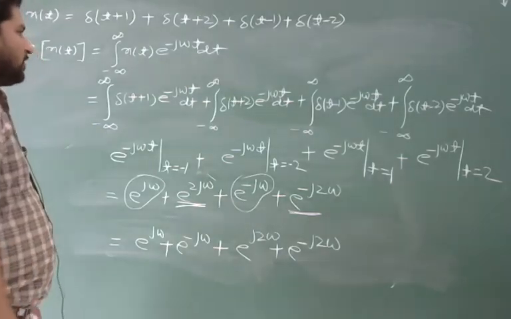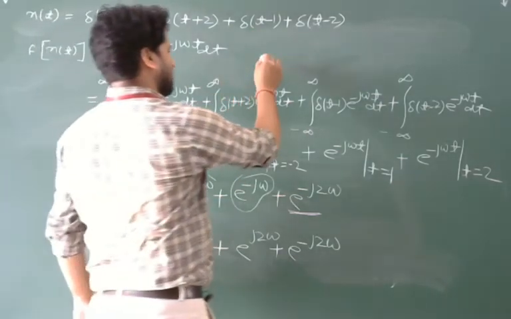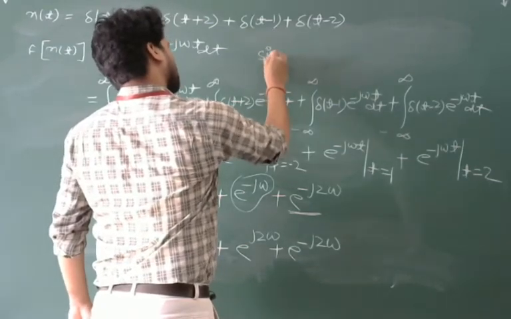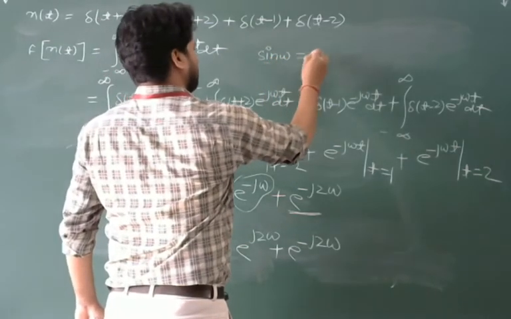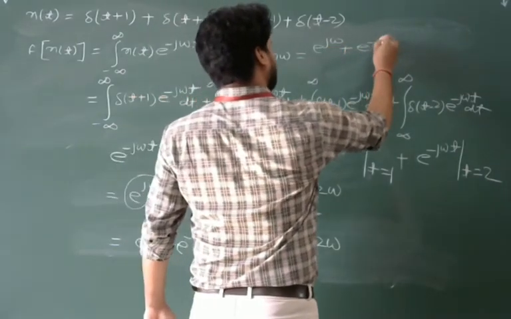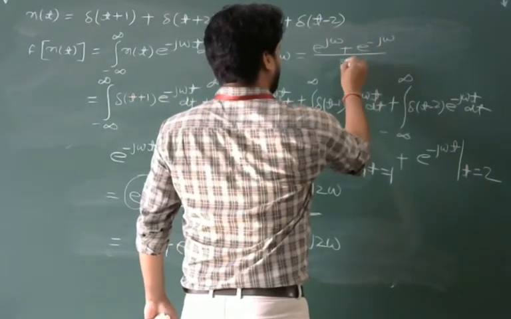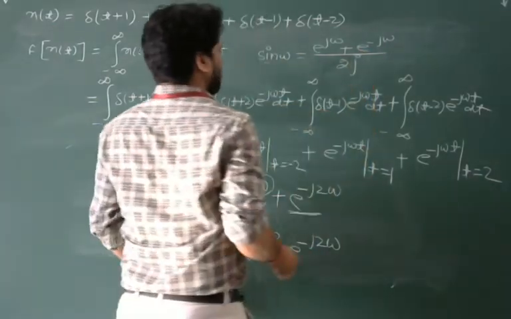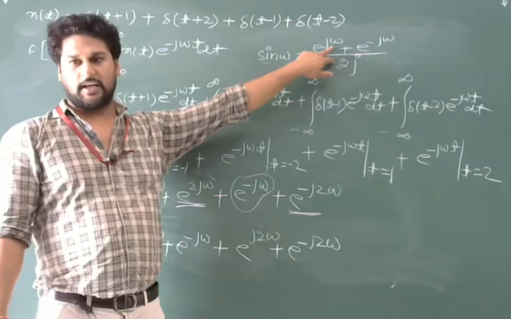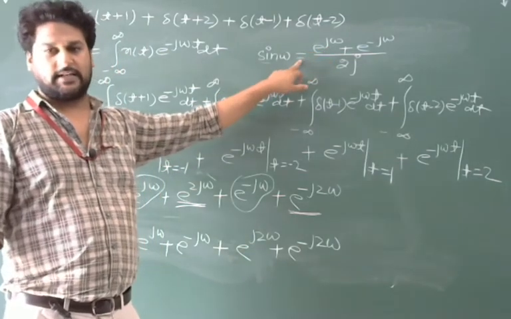Now we know the formula for sine: sin ω is equal to (e^(jω) − e^(−jω)) divided by 2j. This is how these complex exponentials can be replaced by this sine term.